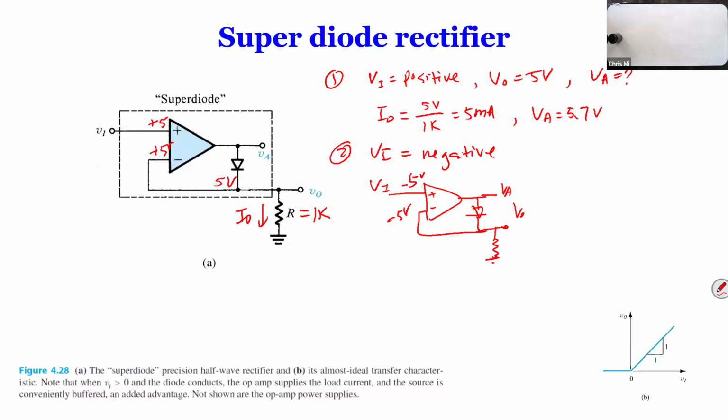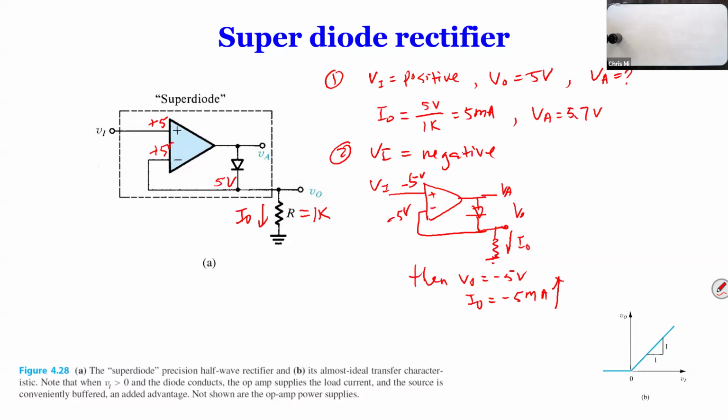So you might say, okay, that's good. So how much is VO then? VO is going to be negative 5 volts. So if VO is negative 5 volts, how much is IO? That's also negative 5 milliamps, but it's going up. It's negative because it's going up.